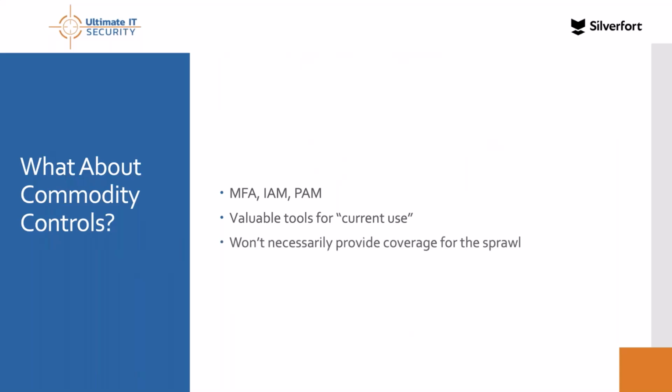The problem here is that with the sprawl that exists, these tools don't necessarily provide coverage. If no one knows that user account over there, Bob Smith, has admin rights to that server over there because it was done 12 years ago, there's just no MFA on that account necessarily. So MFA doesn't provide any coverage for the nastiness of the sprawl.